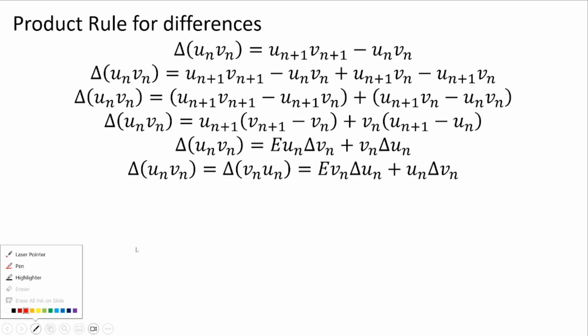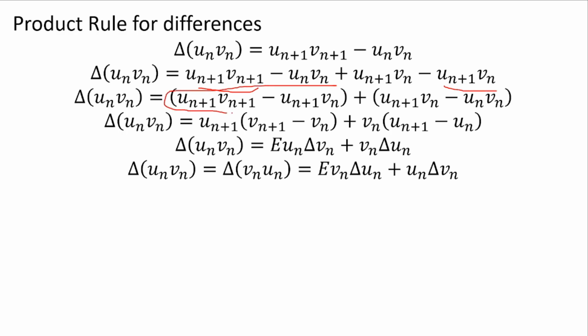We will take this term and this term in this bracket here, and this term and this term in this bracket here. We will notice that we can take u_(n+1) as a common factor, and we will get delta v_n. And here we can take v_n as a common factor, and we will get v_n multiplied by delta u_n.